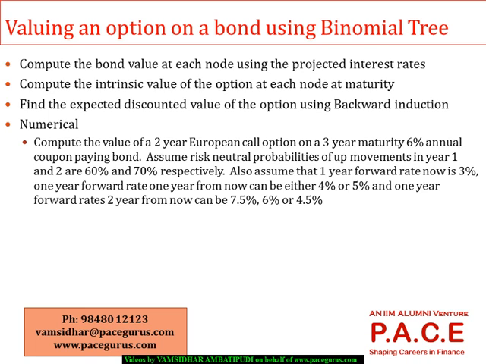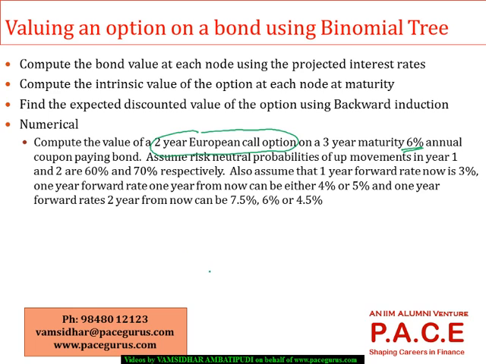So we'll take this simple example. Just try to understand this numerical, then we'll get into the calculation aspects of it. We are talking about valuing a 2-year European call option on a 3-year maturity 6% annual coupon bond.